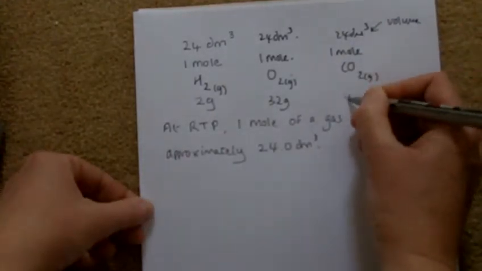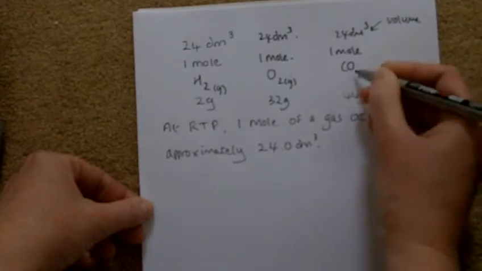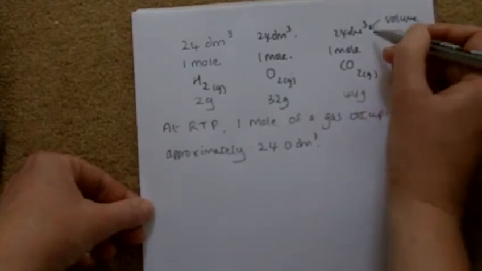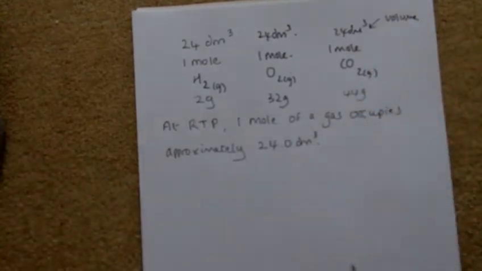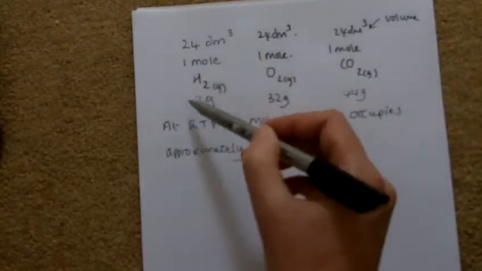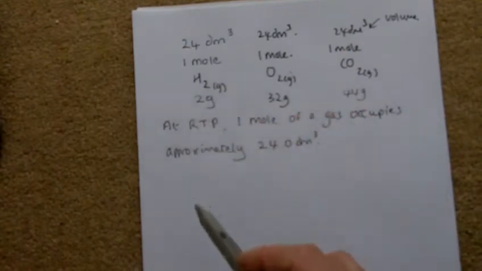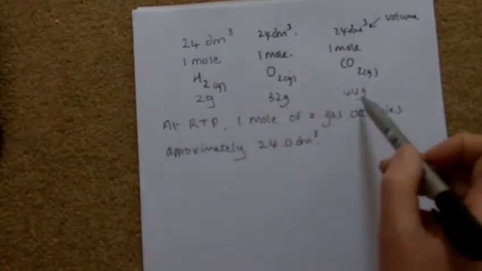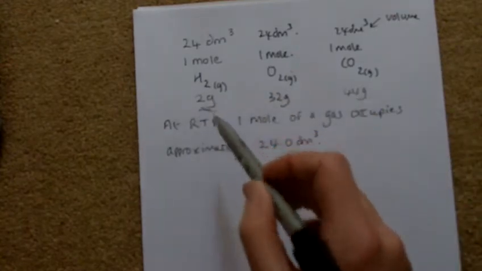Carbon dioxide is 44 when you add it up, 12, 16, 16. 44 grams of carbon dioxide is 1 mole and occupies 24 decimeters cubed. So you can see that for the same volume, hydrogen gas is a much lighter gas than oxygen and carbon dioxide.